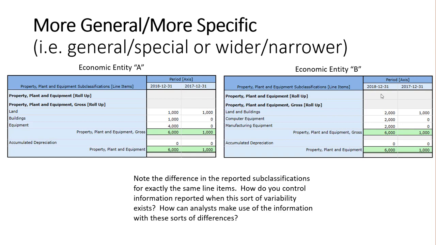But XBRL also provides the mechanism for providing a general-special relationship in the definition relations, and ESMA has specifically provided a new type of arc-role relationship where you can provide wider, narrower information about an extension concept. So anyway, that's all I'm going to say about this. But this is one of the things that can go wrong if you don't create these relations correctly.